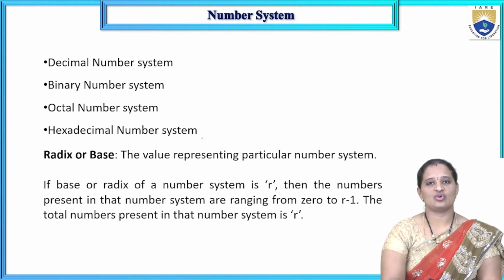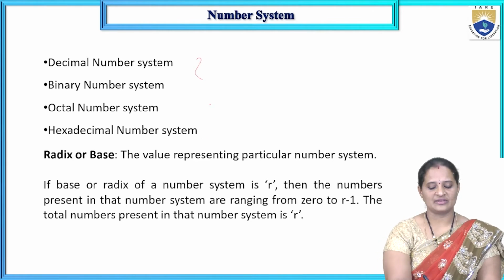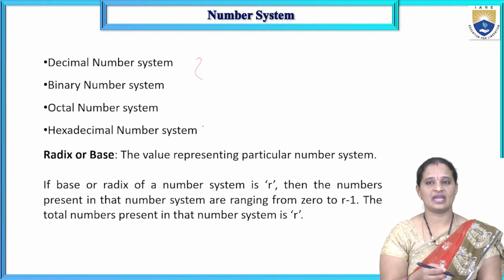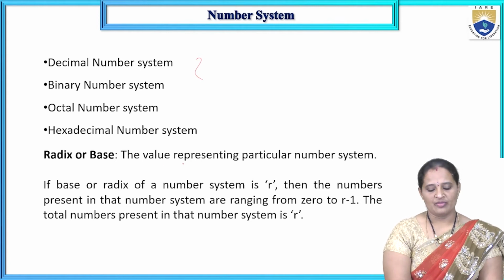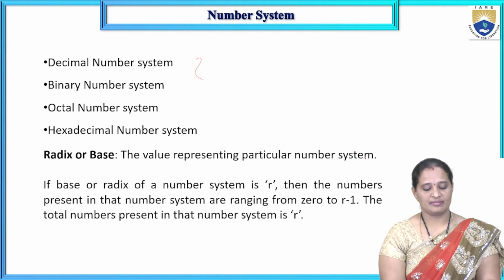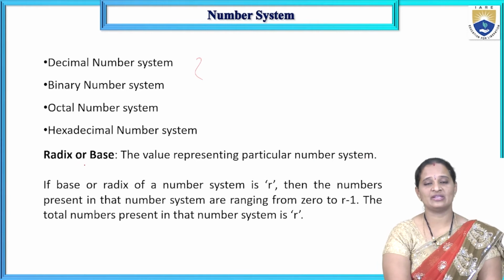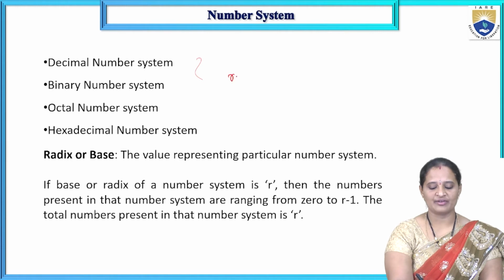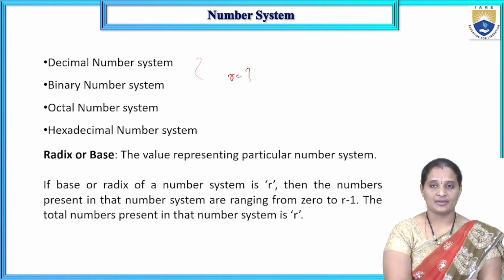These are mainly classified based on the radix value. Based on the radix value, we can represent any number in different number systems. The value representing a particular number system is called the radix or base. That means each of these number systems has a different value of R, and R is known as the radix.